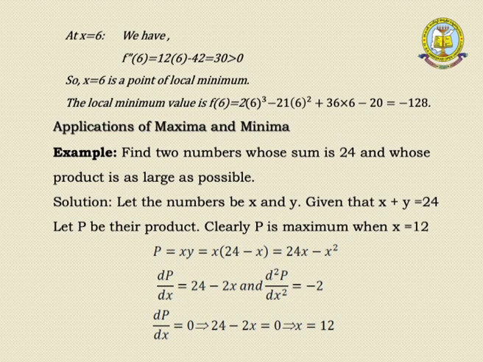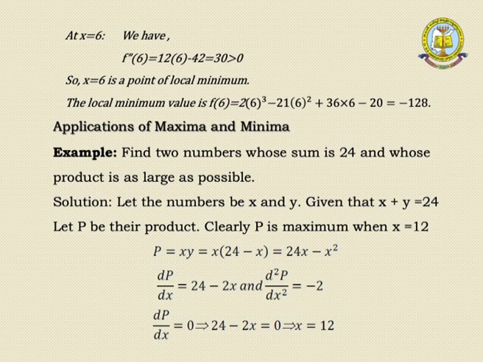F double dash 6 is greater than 0, which means x equal to 6 is a point of local minimum. So, you have to find the minimum value of f of x, which is f of 6. You substitute 6 in place of x, and you get the value as minus 128. Observe carefully, the minimum value will always be less than the maximum value.